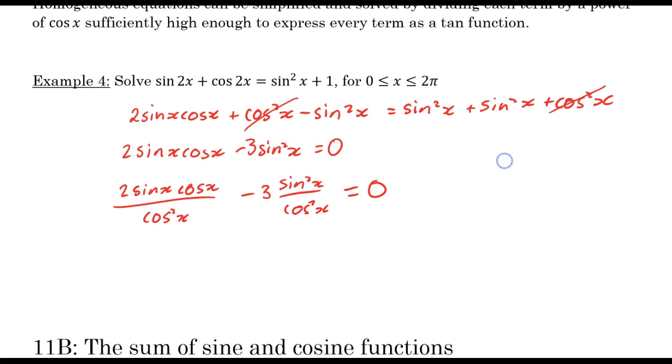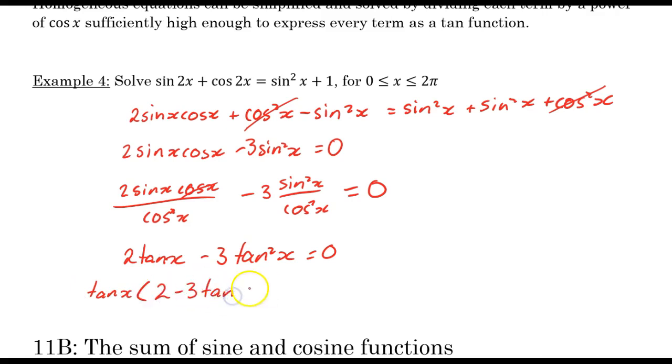Now, here the cos cancels, and I'm left with 2 sin x on cos x, which is 2 tan x. And here, minus 3 tan squared x equals 0. From here we'll factorise. I'll take a tan x outside of 2 minus 3 tan x equals 0.